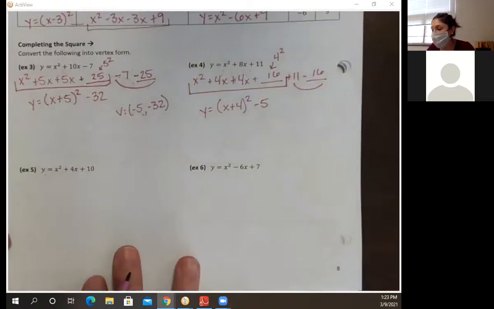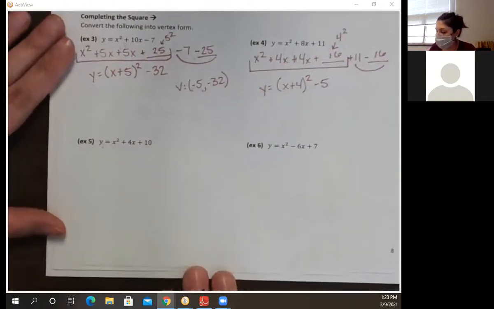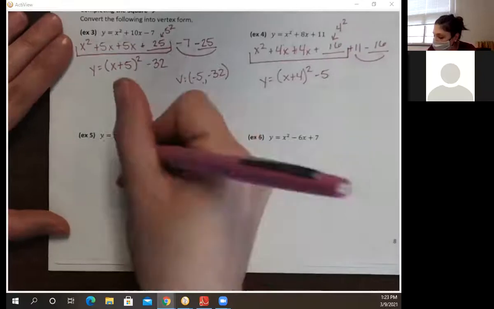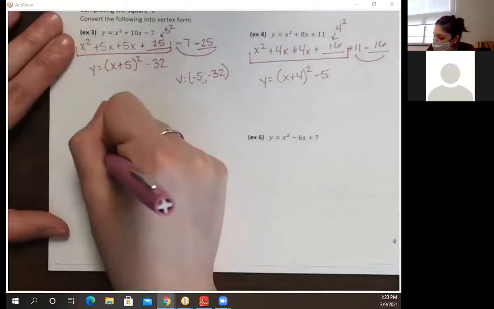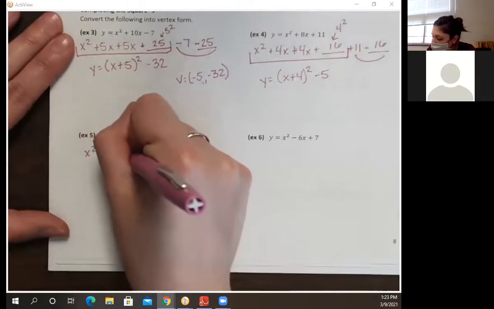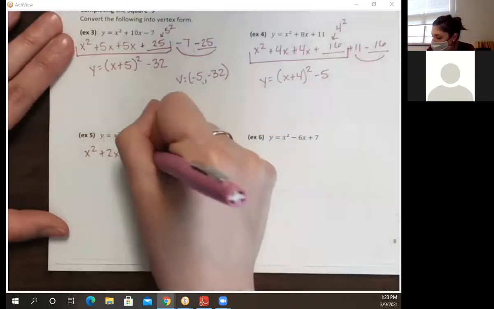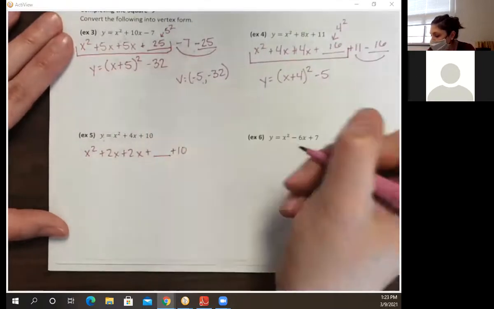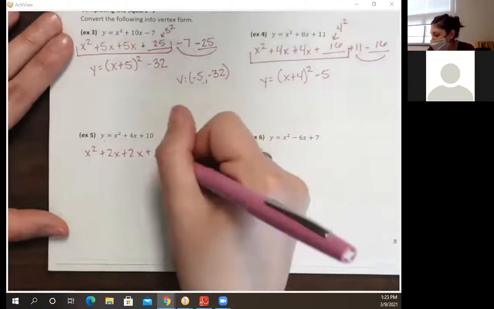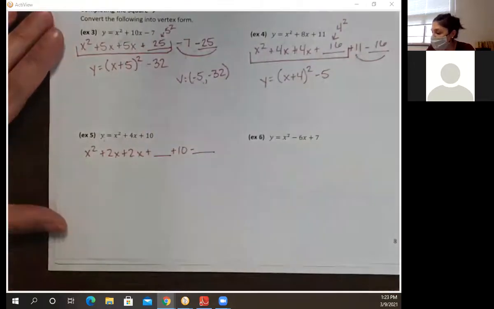Let's do one more together. So for example 5, same idea. We're going to split up this middle term. We're going to cut it in half. So x squared plus 2x plus 2x plus something. I don't want 10. I can't throw out the 10, so I'll just move it away. And then whatever I add, I have to also subtract.